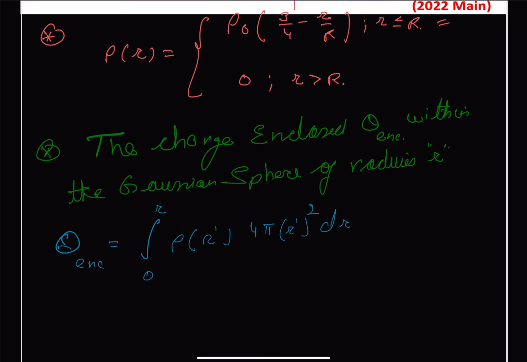We have taken this dr prime, another variable, in order to differentiate from the Gaussian radius. That's the only purpose of that. Otherwise it is almost synonymous with the radius.